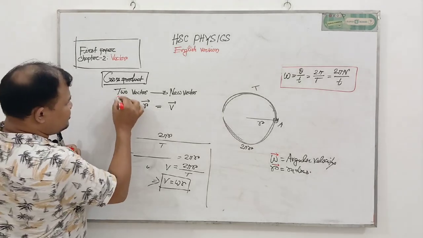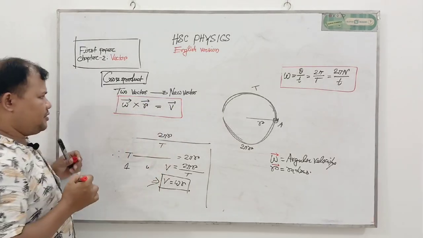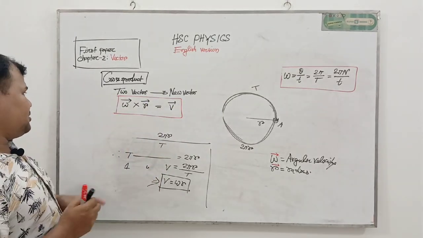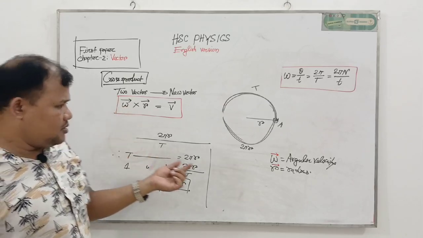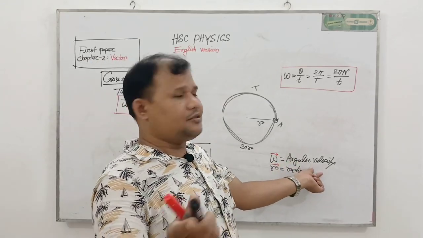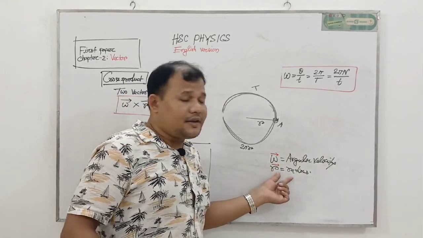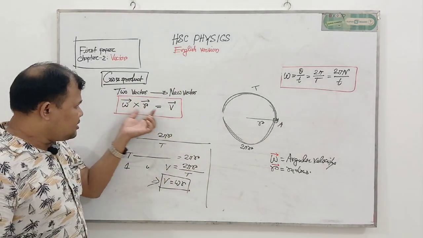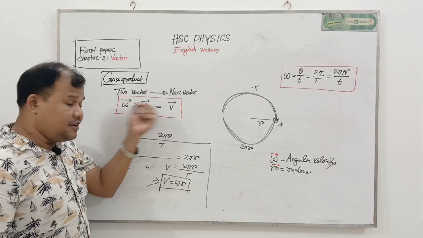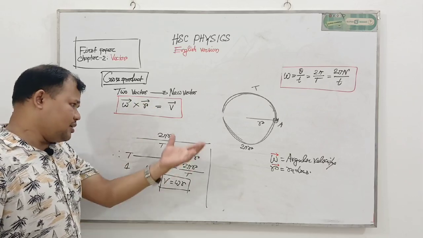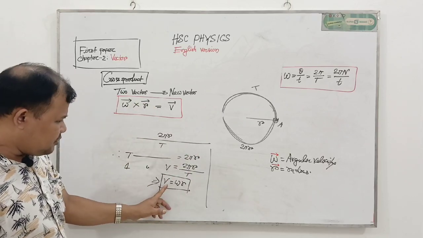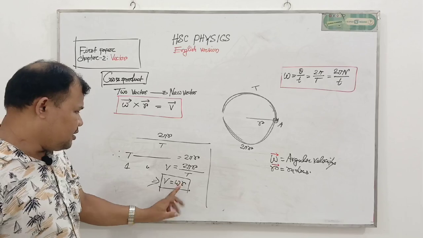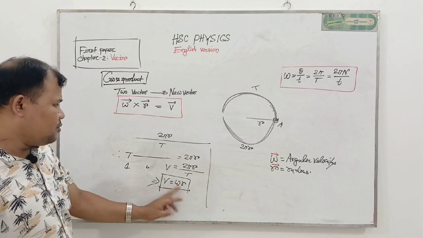My dear student, this is the special operation in our physics. Suppose we have two vectors: one is omega, meaning angular velocity, a vector quantity, and r is the radius, a vector. If we apply the cross product here, then we get linear velocity. As in our previous section we learned the relation between linear velocity and angular velocity, v equals omega r.